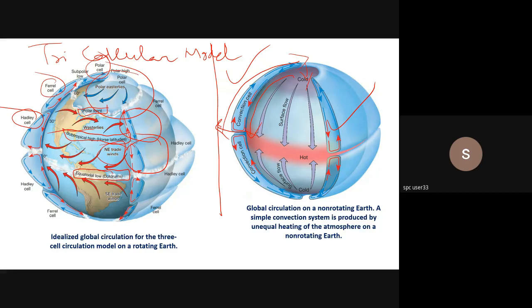Both of them are called the belts of calm. It's very calm here, and that's why they're called the belts of calm. Why are they calm? We'll come to that. And then you have the polar front, which is a very active front. I'll be discussing this polar front also.